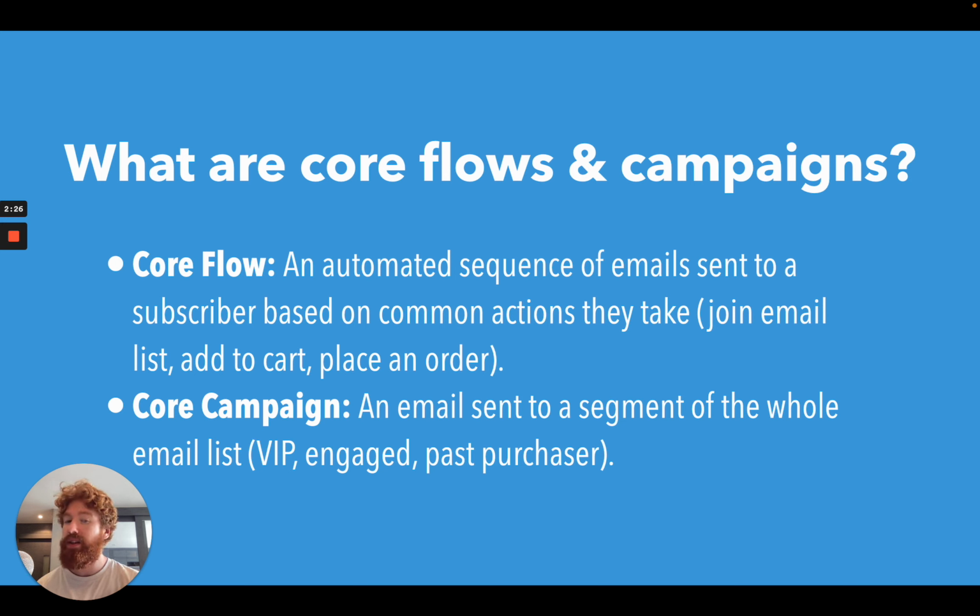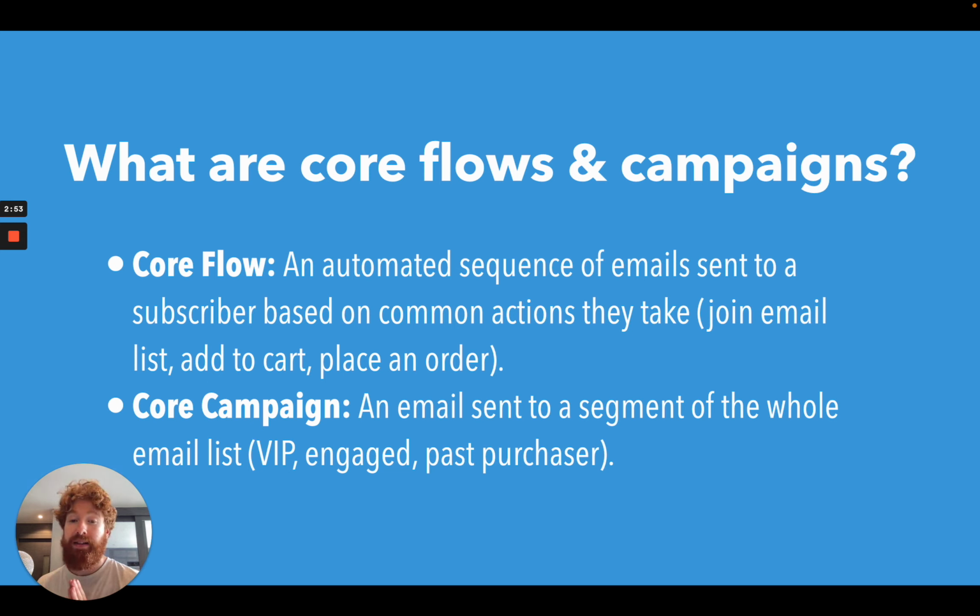So whether this be someone joins your email list, whether it is someone adds a product to cart but they don't buy, or maybe they even place an order, okay? There are flows that will be sent based off of these actions, and then potentially even the same trigger could be used in various flows, but the time delay may be different for them. So core flows, that's an overview of that.